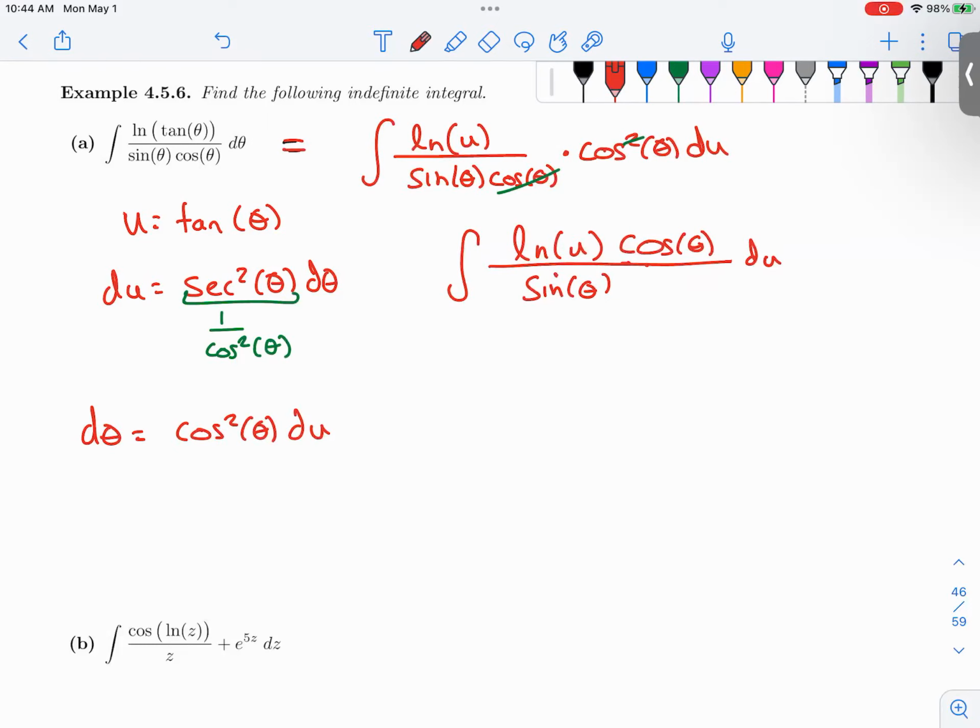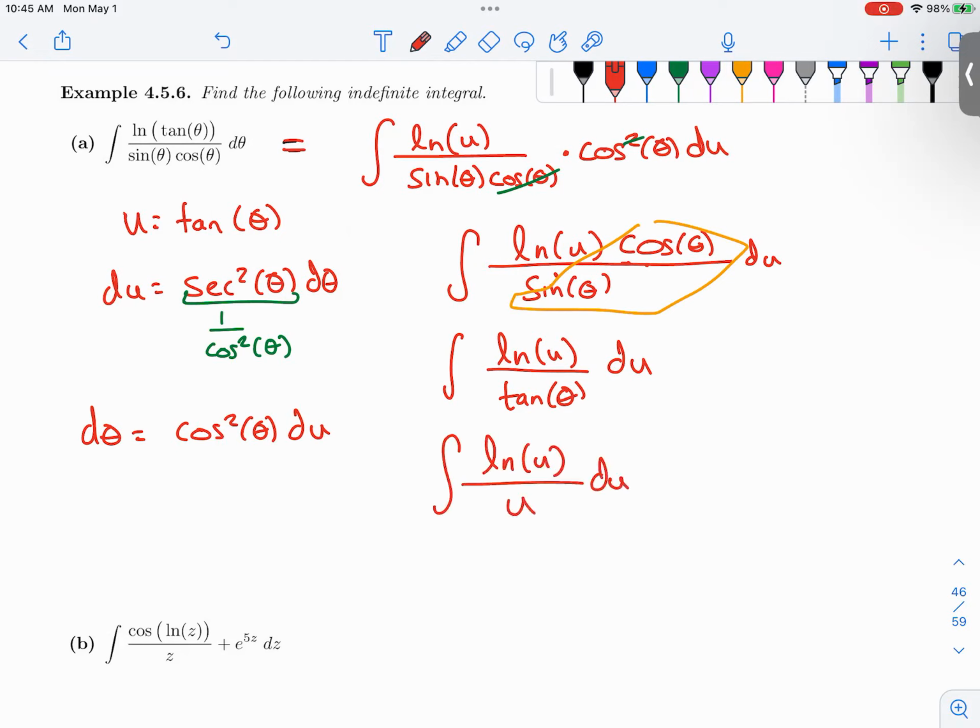Cosine over sine is cotangent, but cotangent is 1 over tangent. So this is putting a tangent on the bottom. So that's ln of u over tangent of theta du. But what is tangent of theta?